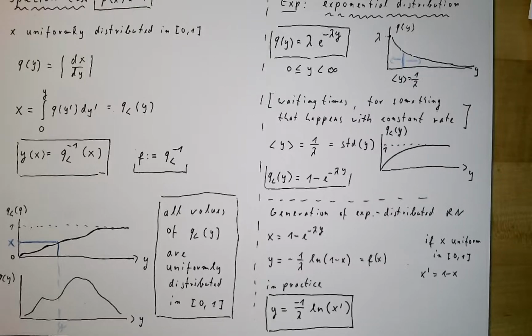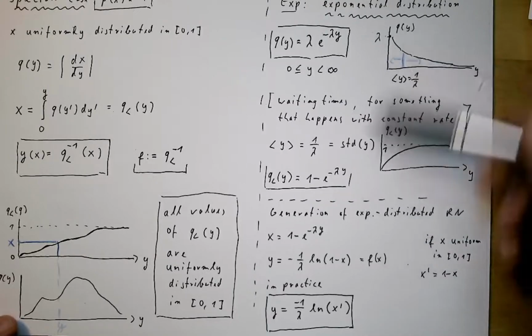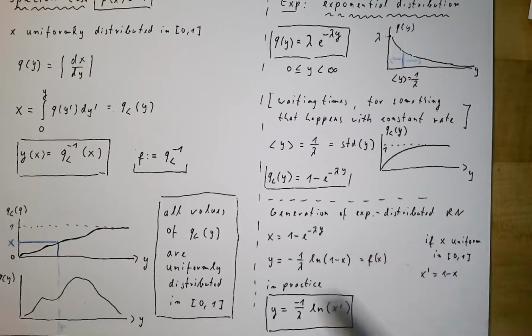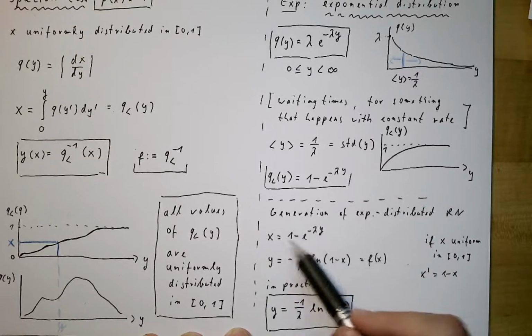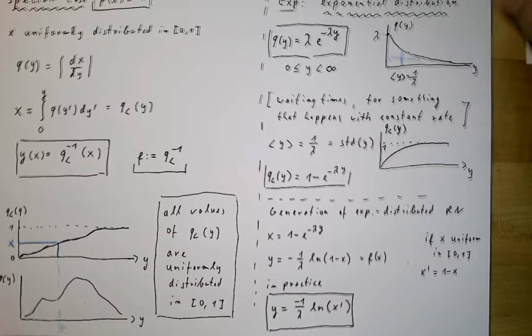Here I calculated this step by step for the exponential distribution, and actually there was not much to do. We have to calculate the cumulative distribution, and then we just have to invert it. That's all we need, and then we have our variable transform. Okay, so this was how we solve the first question.